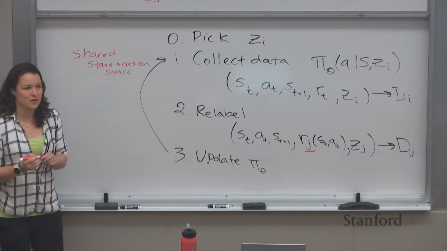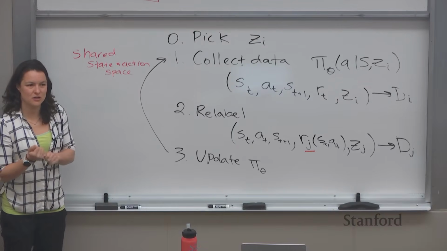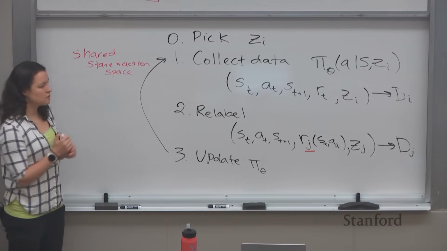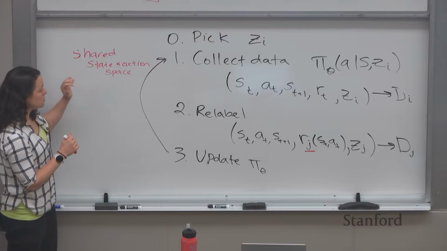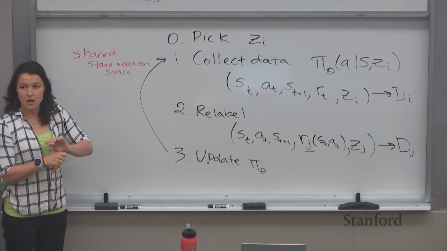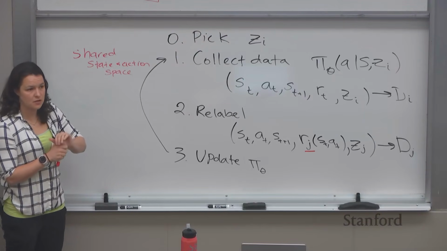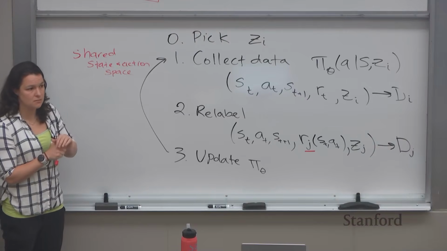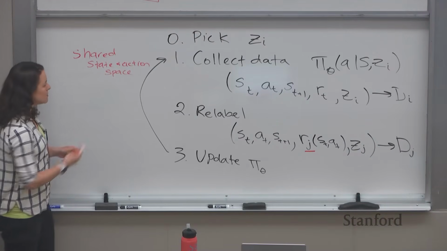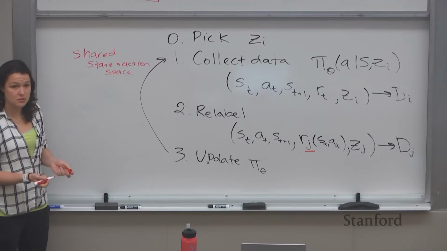Anything else that's shared or not shared? Yeah, so if you only have one replay buffer, then you want the dimensions of your state and actions to match, and generally for the state space and action space to be the same. Yeah, so you probably want the initial state distribution to be similar.